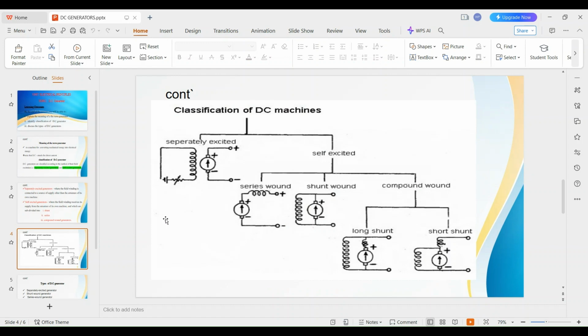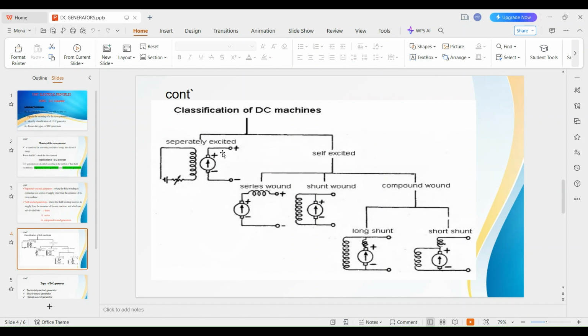Here is just a simple chart with the classification of DC machines, and here we are talking about the specific generators. We had said that they are classified into two groups according to their method of excitation. So we have one which is separately excited and another one which is self-excited.